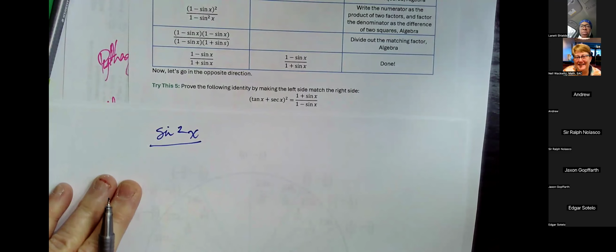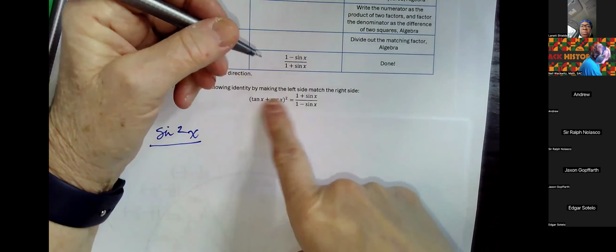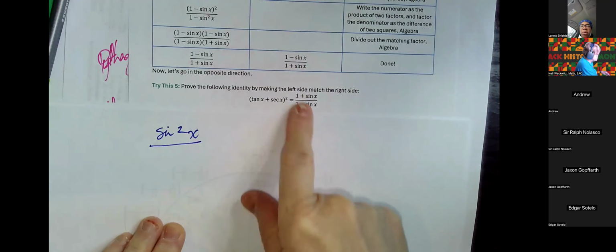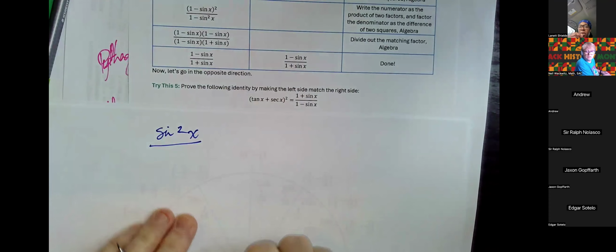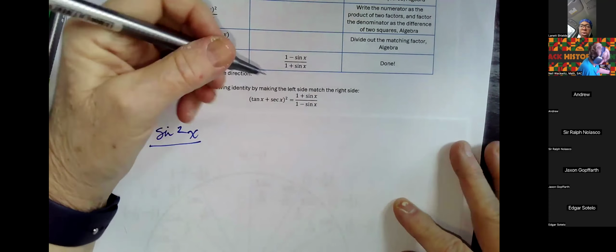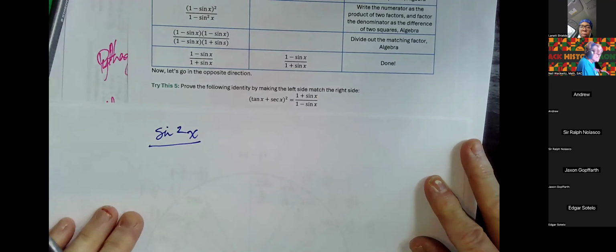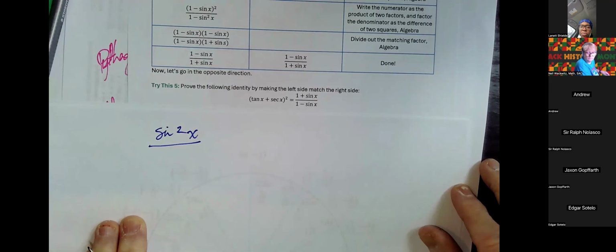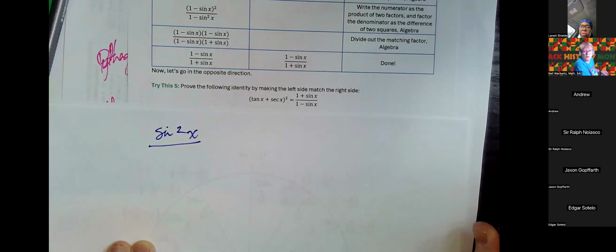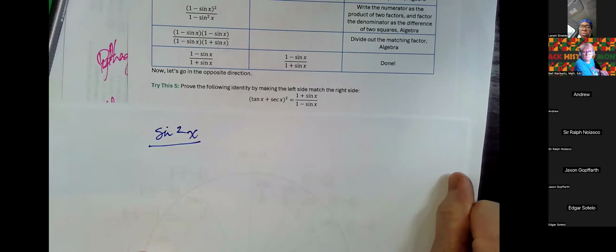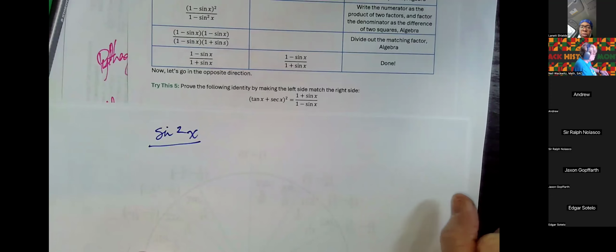So did you square the binomial first, Ben? That's what I did. No, I did not. What did you do first? Either one of you. Well, for me, I expanded the square using a squared plus 2ab plus b squared.